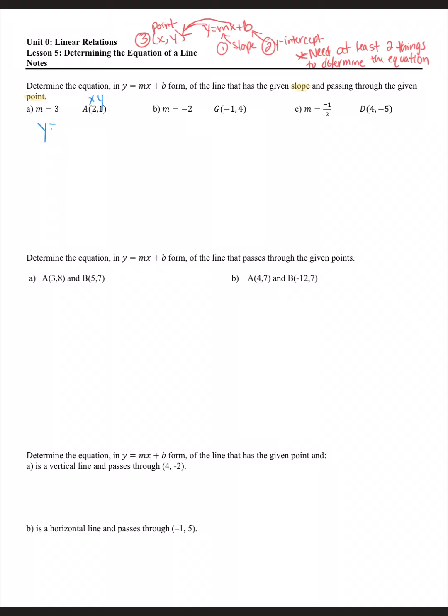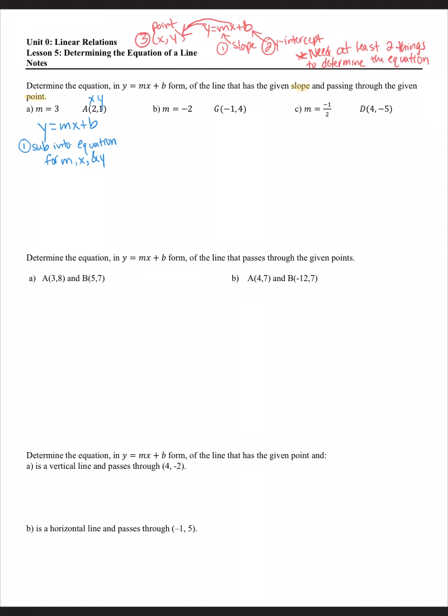So remember our equation is y equals mx plus b. So the first thing we're going to do is sub into the equation for m, x, and y, because that's the information that we have.